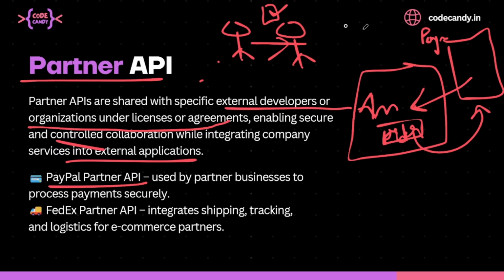No. Amazon makes an agreement with PayPal that whenever this person clicks buy, it will use PayPal's API and provide the response on whether the payment is successful or not. This is called a third party gateway, and these two parties maintain an agreement.